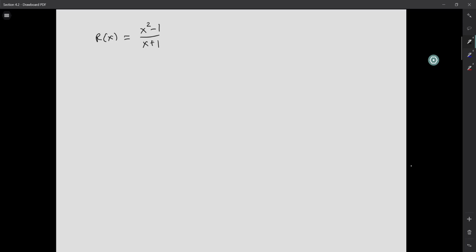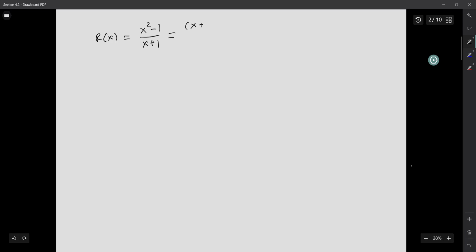Now, one of the unique properties of rational functions is discussion of asymptotes. But before we want to talk about asymptotes, we want to talk about simplification. So consider this rational function. I've got x squared minus 1 over x plus 1. Now, you might recognize the top as being factorable from our previous video.